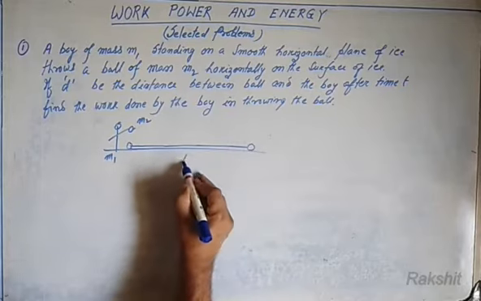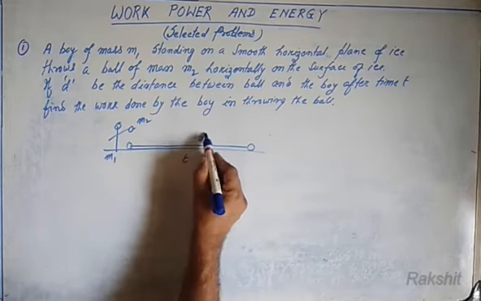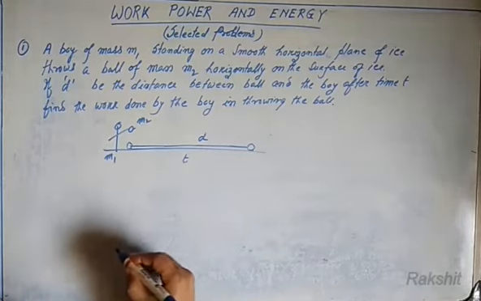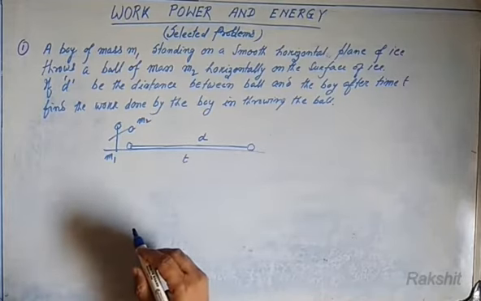And after time t, the separation between ball and boy is d. Now you have to calculate the work done by the boy.